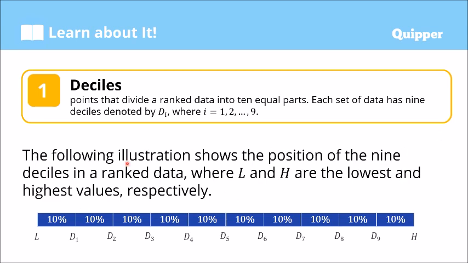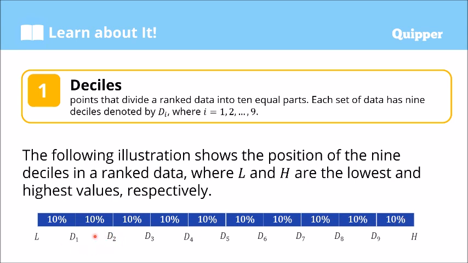To illustrate, the following illustration shows the position of the 9 deciles in a ranked data, where L is the lowest score and H is the highest value. So we have here 10 equal parts of the set of data. For the first decile, 10% of the data is below the first decile and 90% is above it.